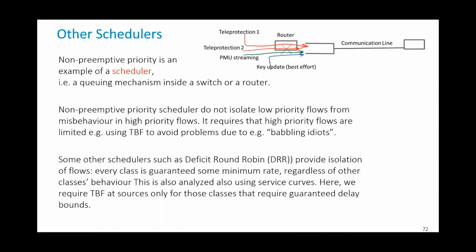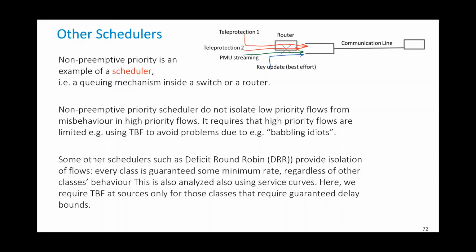Deficit round robin is like weighted fair queuing, but it accounts for the fact that packets are not all of the same size. It's a bit more complicated, but mentally speaking, it's the same. What is the major difference between deficit round robin or fair queuing compared to priorities? There is some amount of isolation. Take the simplest case where the weights are 1 for all flows.